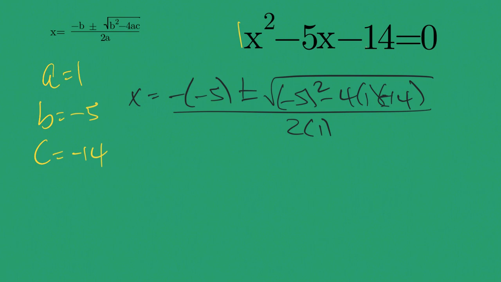And I would always encourage you, if you replace a variable with anything, I would put it in parentheses. I think it's just going to help with the organization of your work. Take your A, B, and C, shove it into the formula.